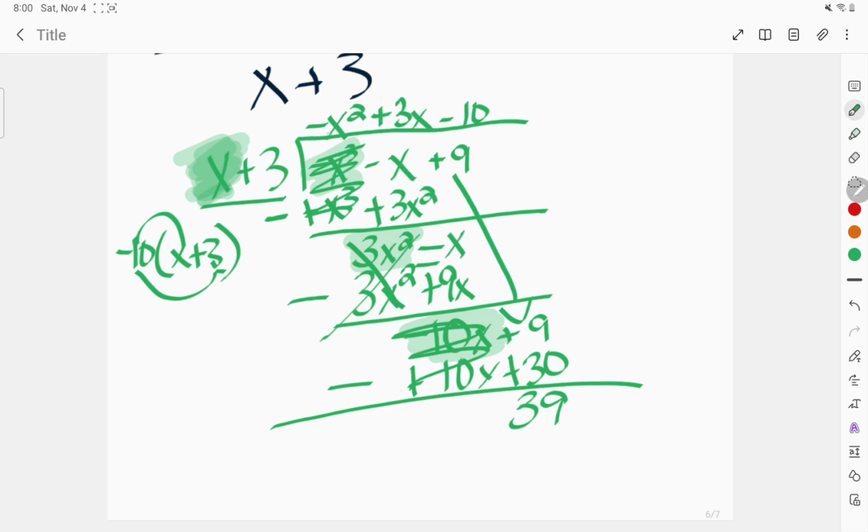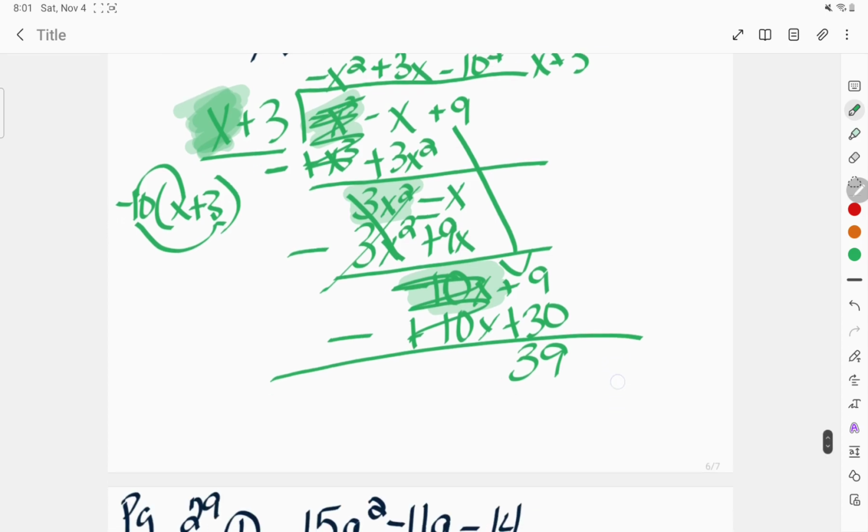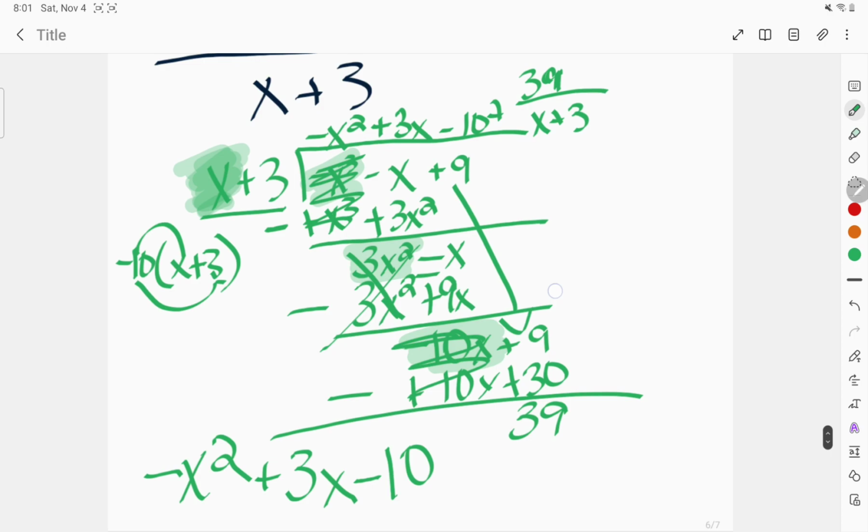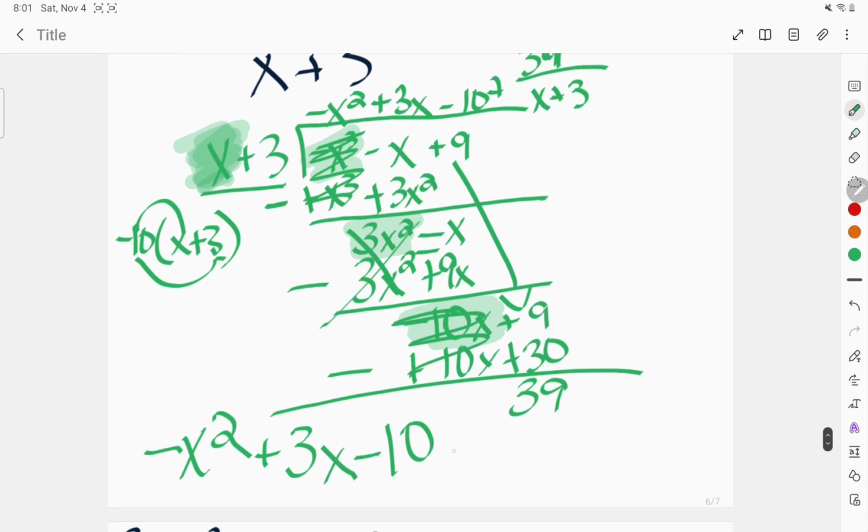So I have negative x squared plus 3x minus 10, and my remainder is 39 over x plus 3. Okay. So your final answer on that is going to be negative x squared plus 3x minus 10 plus 39 over x plus 3.